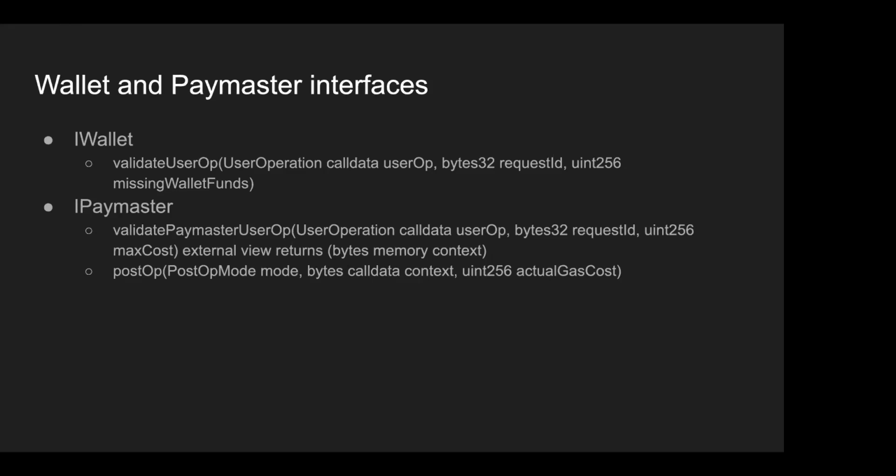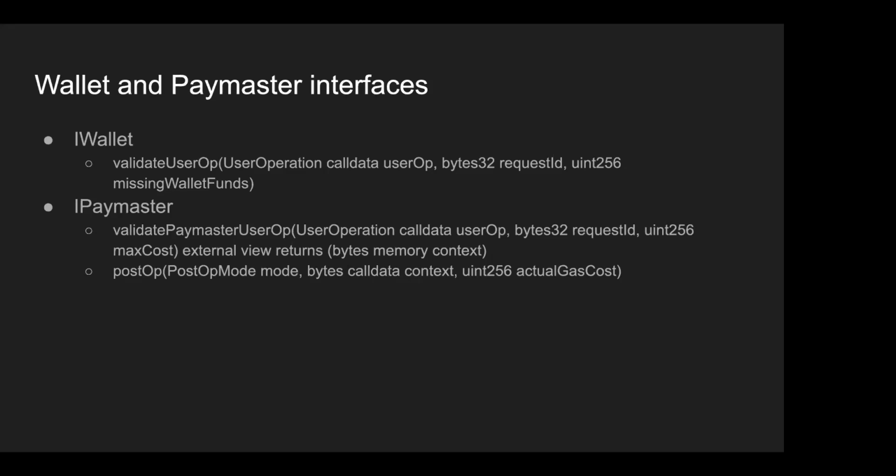If the wallet already has sufficient balance in the deposit, then this number will be 0. Also, if there is a paymaster, this number will always be 0 if the user operation has a paymaster. Otherwise, this number will reflect the funds missing from the deposit in order to accept the user operation.